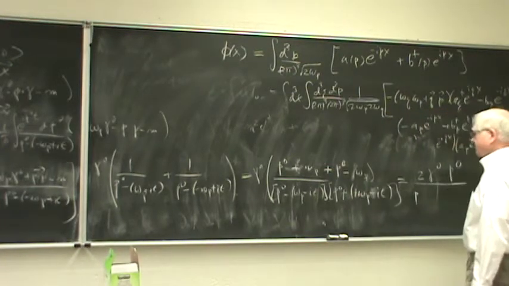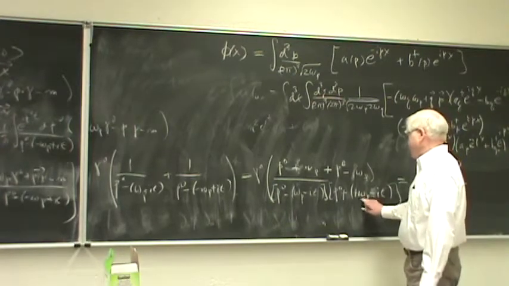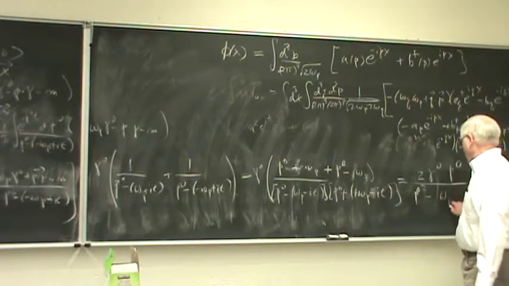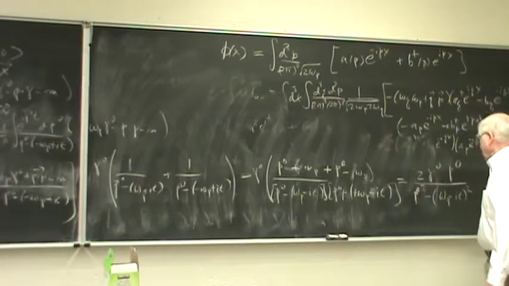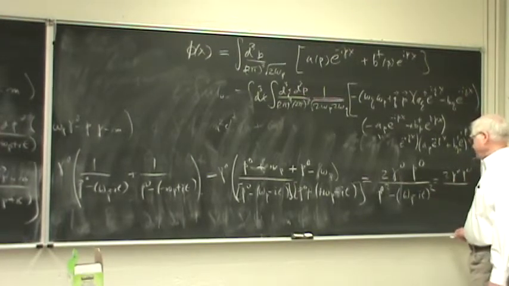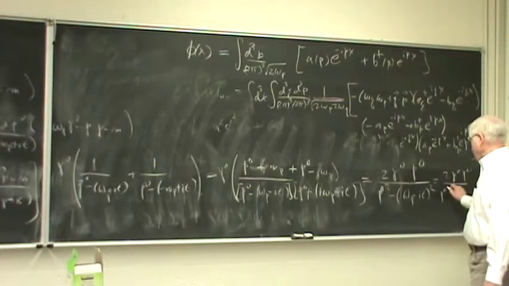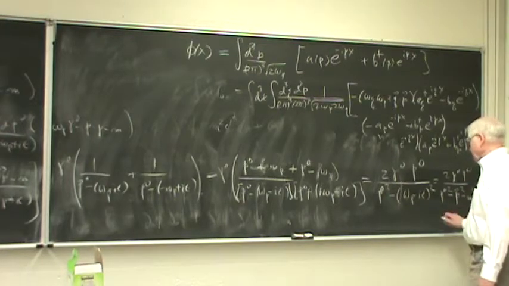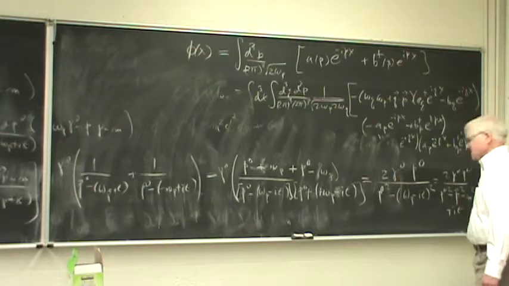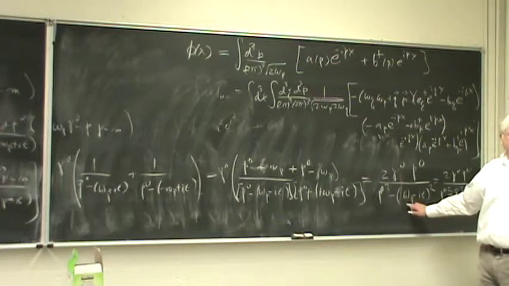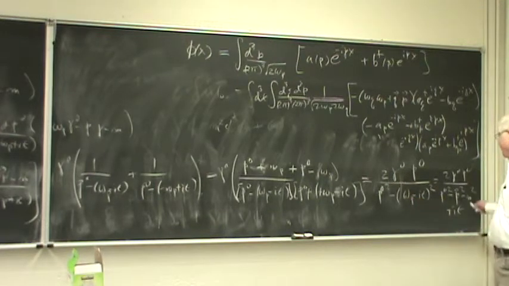Marvelous suggestion, because now these are the same terms, and so this is p₀ plus ω_p minus iε squared, and effectively then this is 2γ⁰p₀ over p₀ squared, and now this thing is minus p vector squared minus m squared, and then the overall term is plus iε, because the iε is multiplied by p₀ squared times ω_p, and both of them are positive. Okay, so that term gave us that.